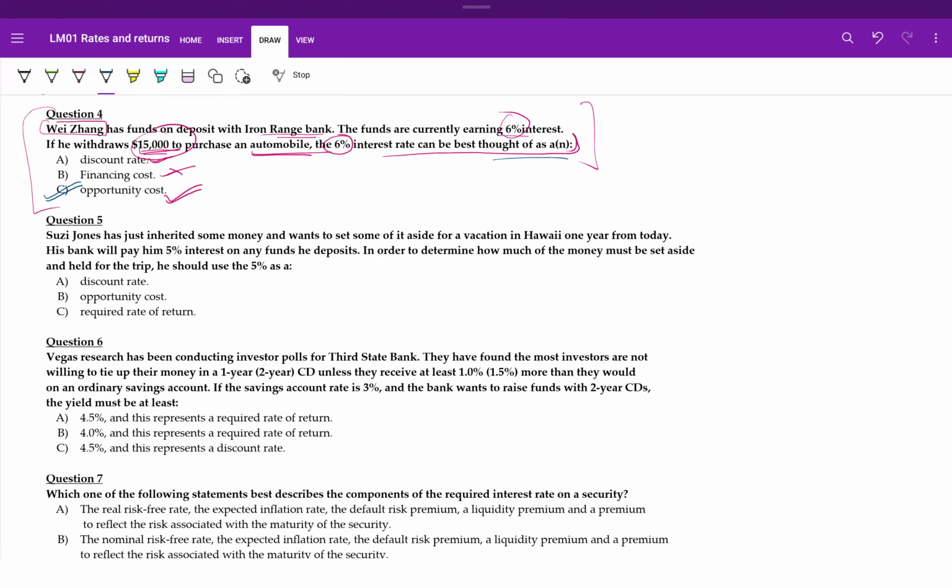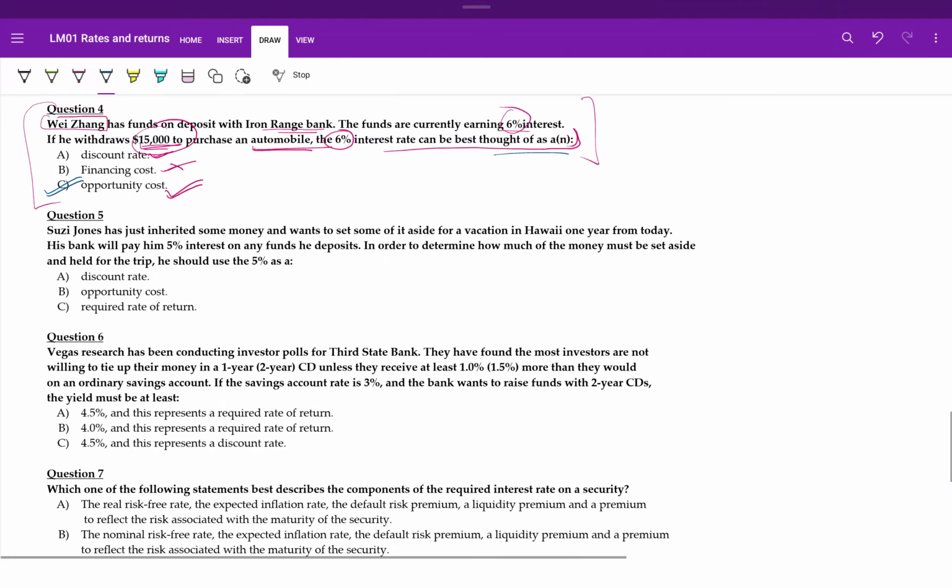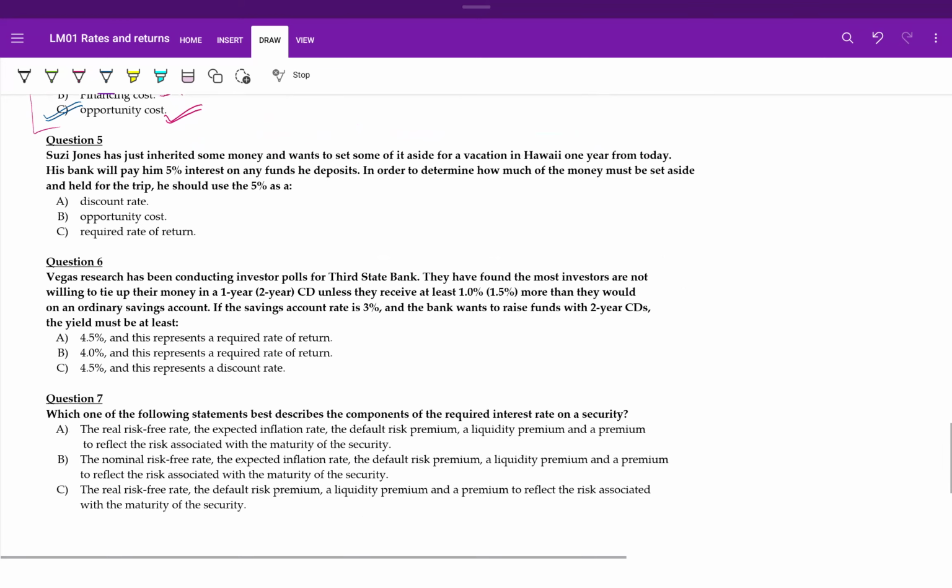Okay, now let's move to question number 5. Susie Jones has just inherited some money and wants to set some of it aside for a vacation in Hawaii 1 year from today. Her bank will pay her 5% interest on any funds she deposits.